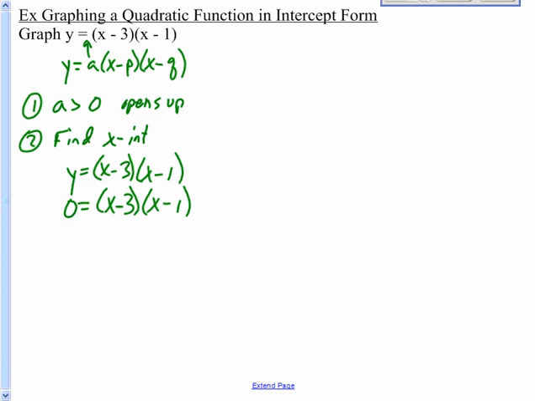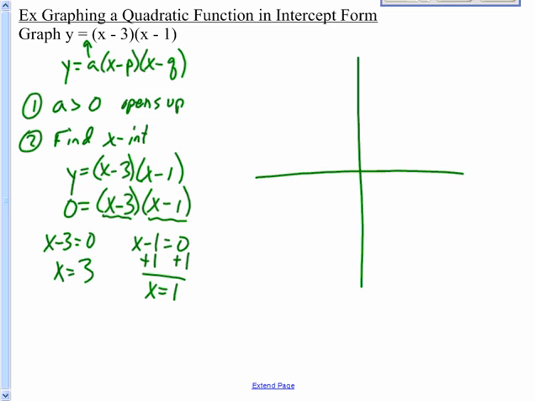So either x minus 3 has to be 0, since these two are being multiplied, or maybe this x minus 1 has to be 0, or both, right? So x can be 3. That would make that equation true if I solve that, and then I solve this one over here, x can be 1. So 1 and 3 are my x-intercepts.